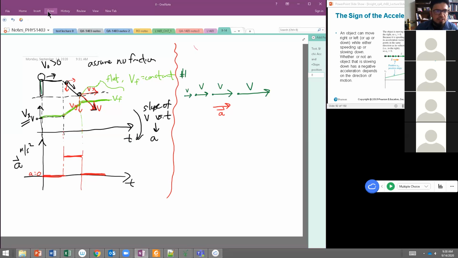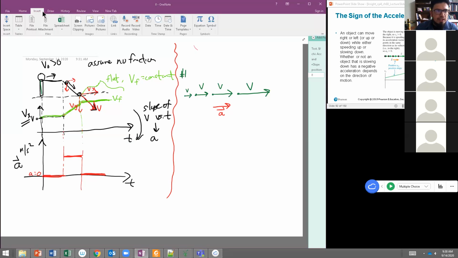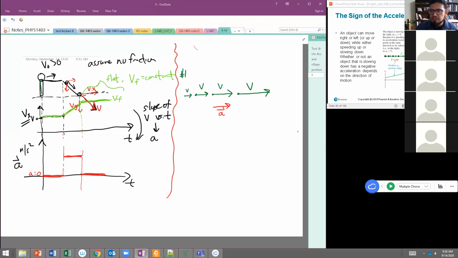But you can also have a situation in which your velocity starts off kind of large, with a high value. And as time goes on, the next time point shows a smaller velocity, and a smaller velocity, and a smaller velocity.